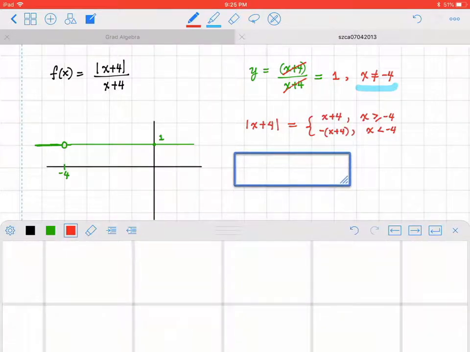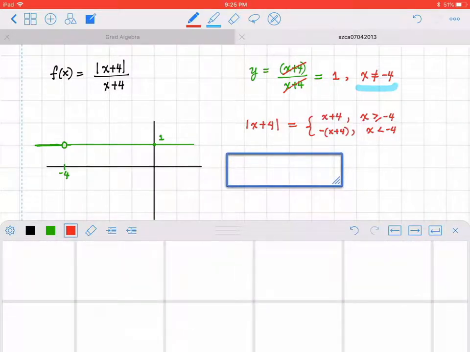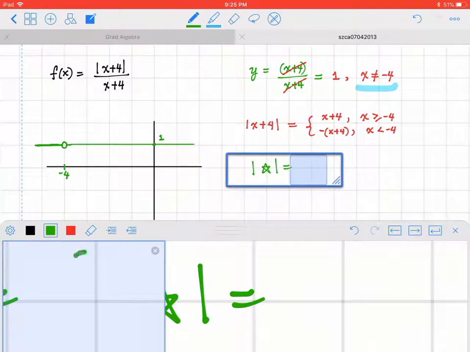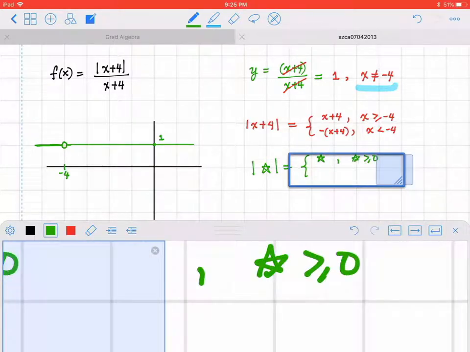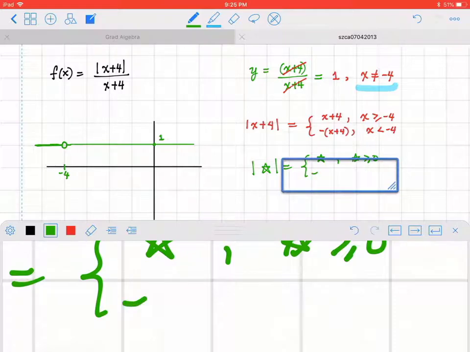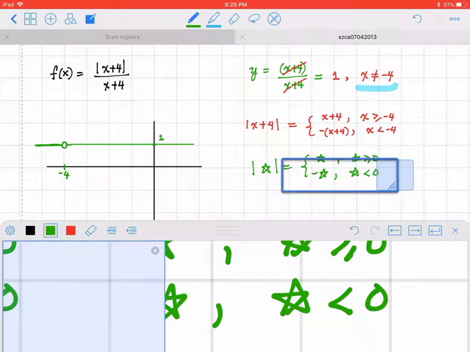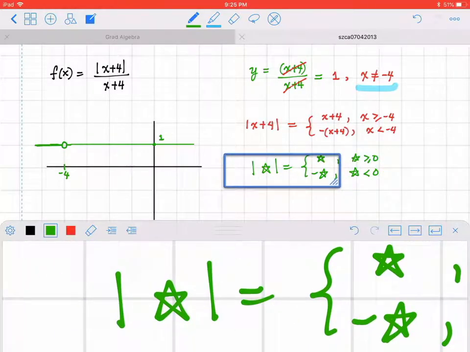So that's just the key to understanding all absolute values. If I had absolute value, say, of a star, then what is that? Well, it's going to be straight up star as long as star is positive, and it's going to be negative star as long as star is negative, because a negative of a negative is positive, and that's why you get the absolute values.